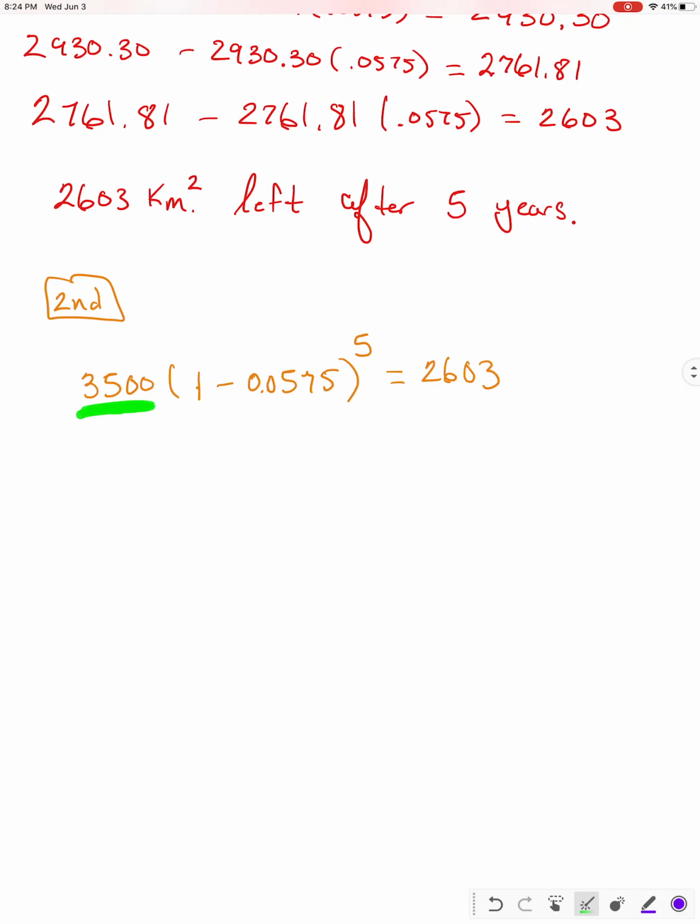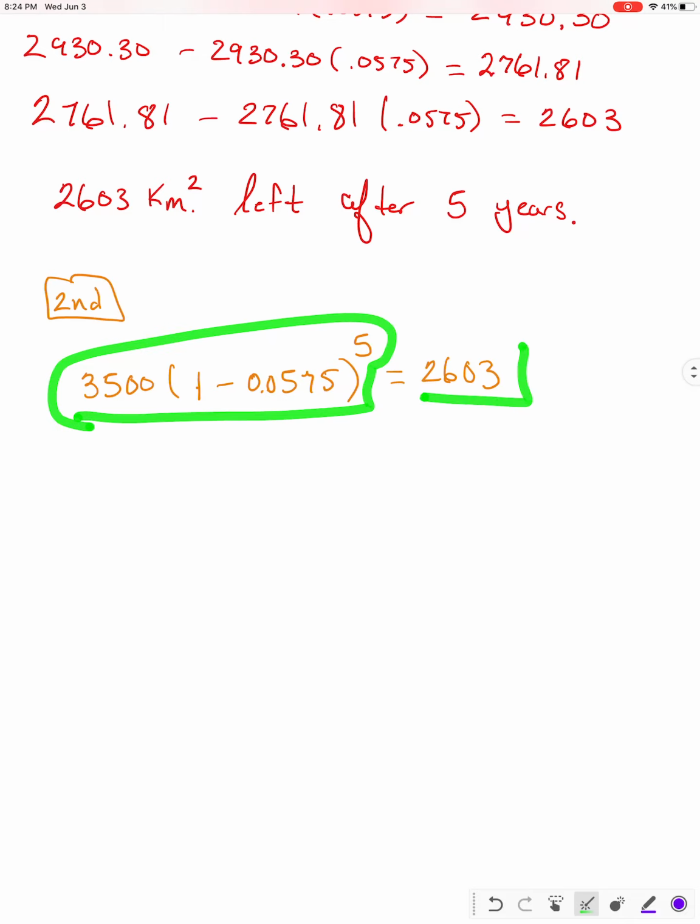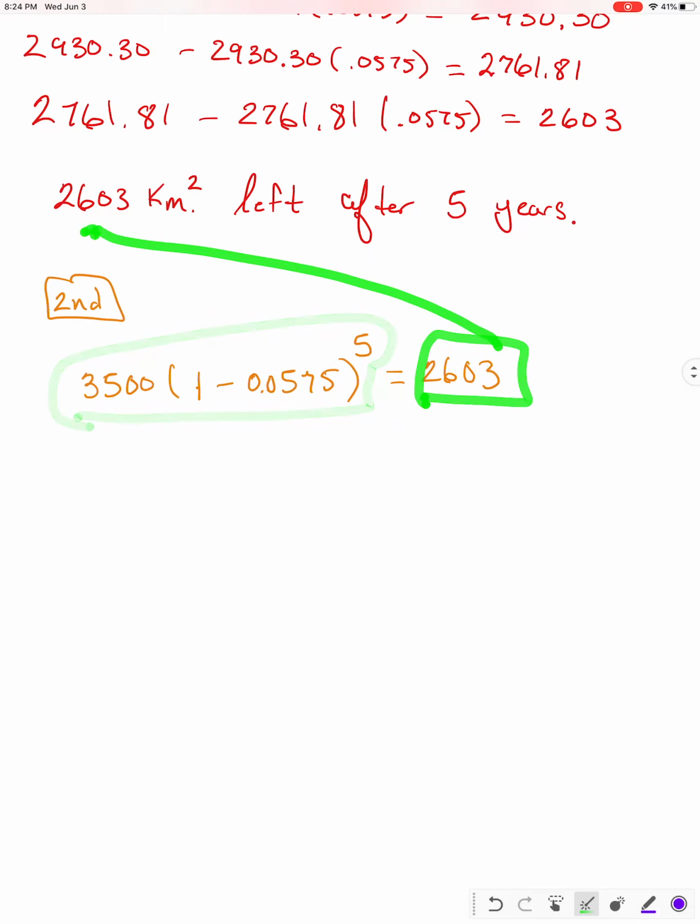So this is what we start with, 3,500, and we multiply it by 1 minus our percentage, which was 5.75% written as a decimal, and then we raise it to the number of periods that it's going to be deducted, in this case 5 years. And when I type this in my calculator, I get the same answer that I got doing it year by year.